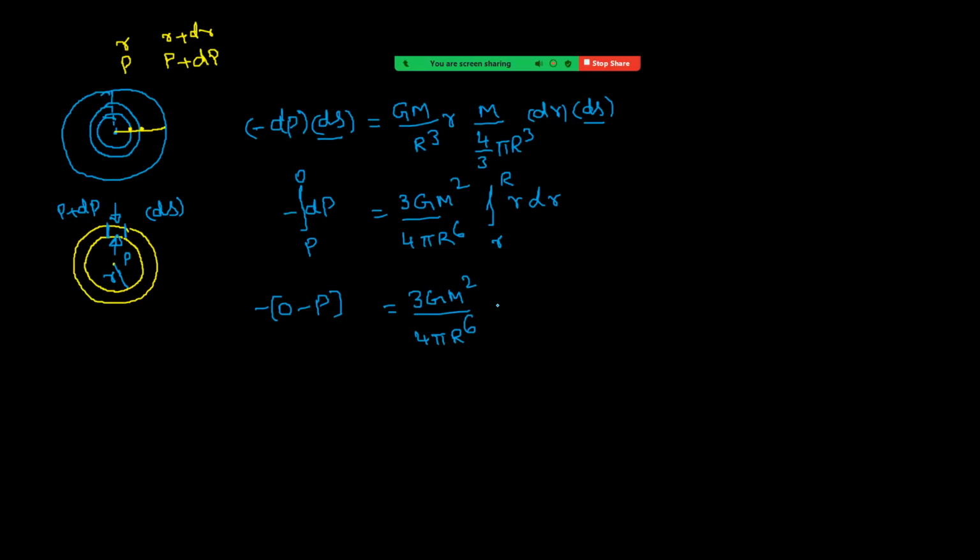Taking 1 by 2 outside, the remaining is R square minus r square. Now see what we get.